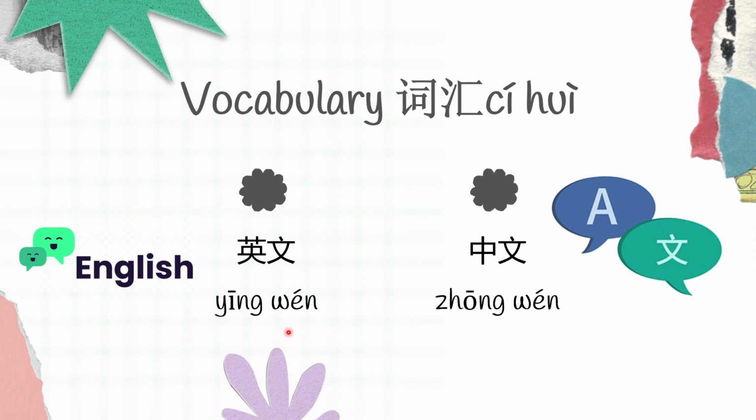So 英文 is English, and 中文 is Chinese language. Once again, 英文 is English, and 中文 is Chinese language. Let's read together. 英文, 中文.